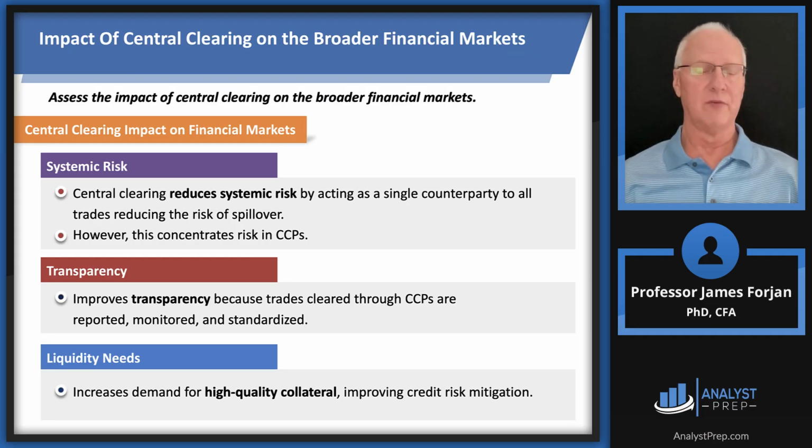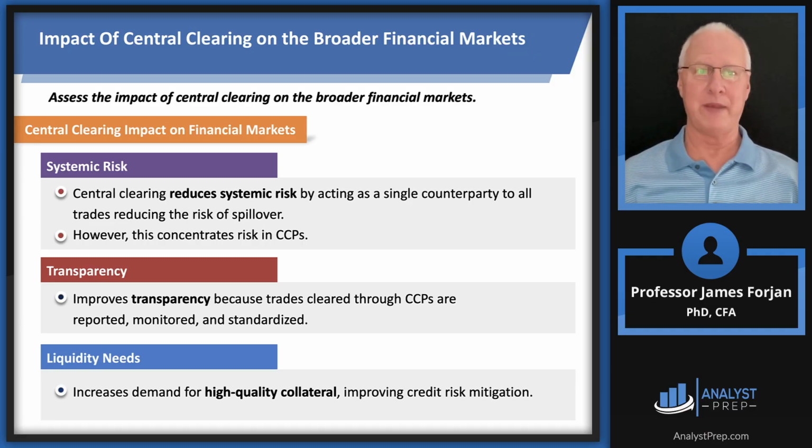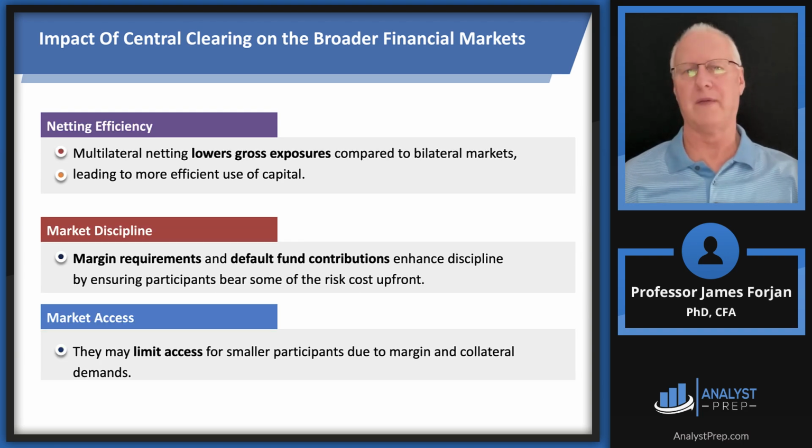It's just for capital to find its most efficient use. Mechanically then and operationally, that means that these CCPs provide a critical role to reduce systemic risk, and provide transparency, liquidity. We talked about that, netting, discipline, and market access.